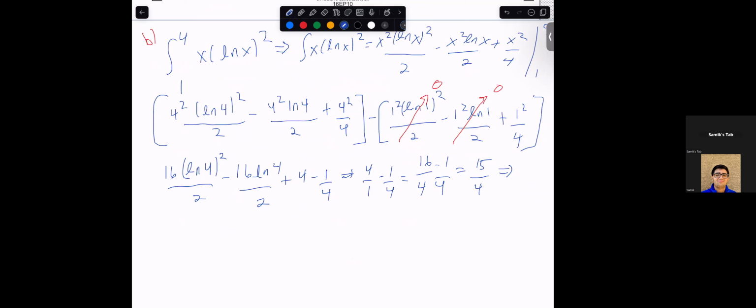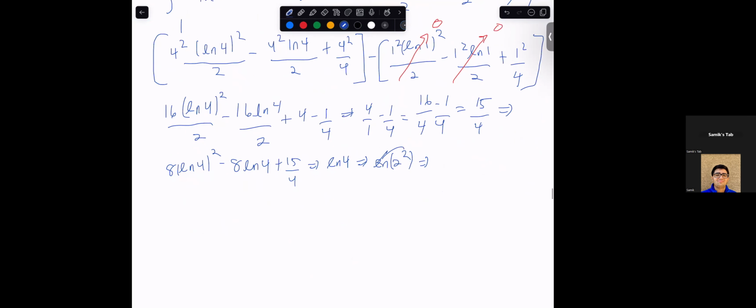Okay, so 8 ln 4 whole square, let's first do this, minus 8 ln 4 plus 15 by 4. So ln 4, we can write it as ln 2 squared, right? Now, according to log laws, this 2 will come out. 2 ln 2, hence. So this is now 8 into 2 ln 2 whole square minus 8 into 2 ln 2 plus 15 by 4.